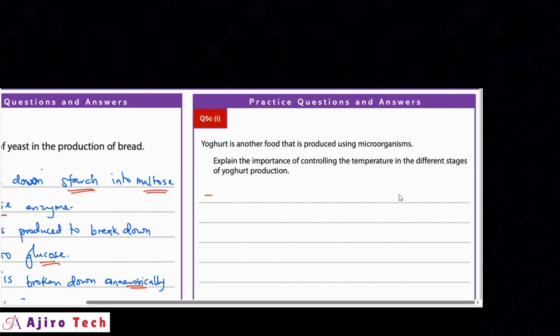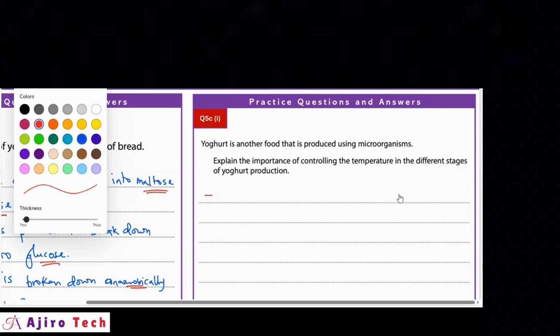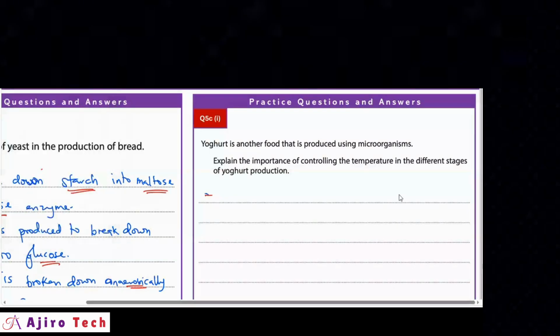pasteurization, where milk is heated at 70 to 95 degrees C for about 3 to 5 minutes, which is called pasteurization.